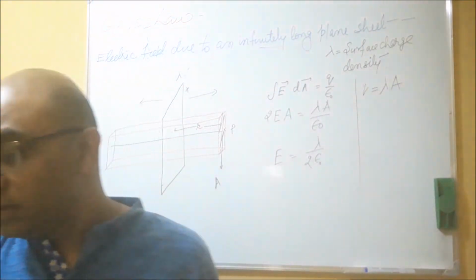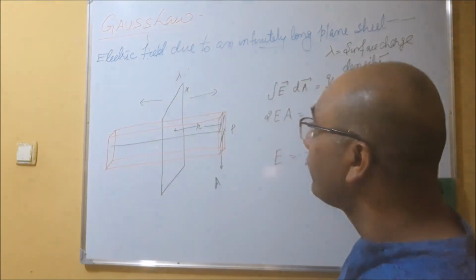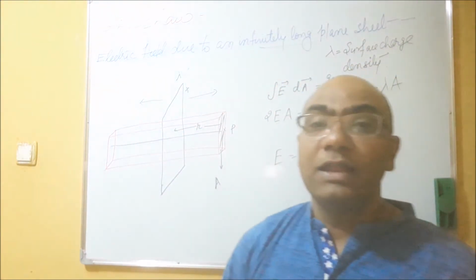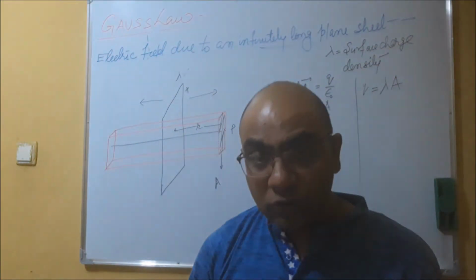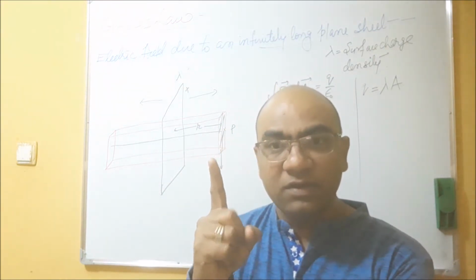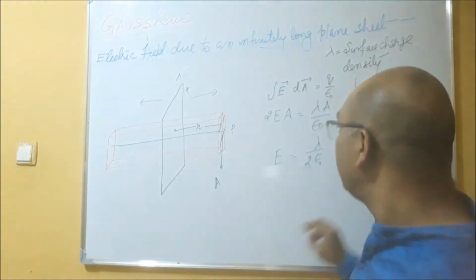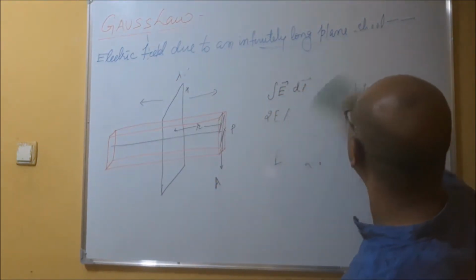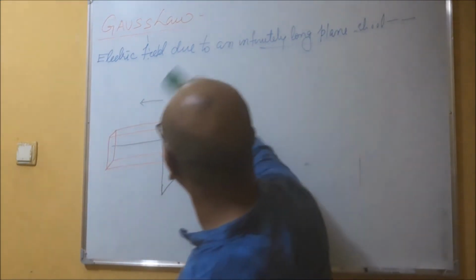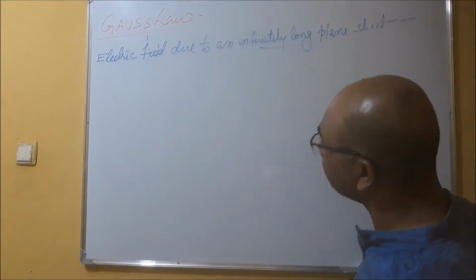Now next, see the next case, when we have to find the value of electric field for the three-dimensional figure. First we saw for the one-dimensional figure, then for the two-dimensional figure, now we are seeing the three-dimensional figure. Let's see what the three-dimensional figure is.